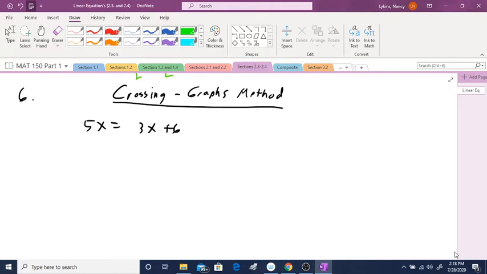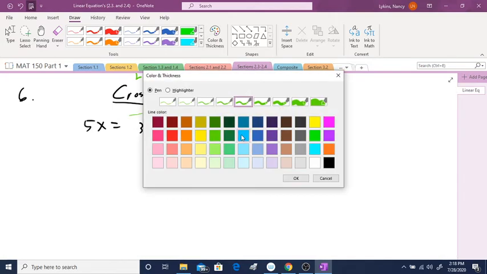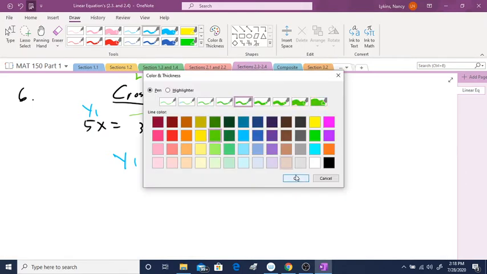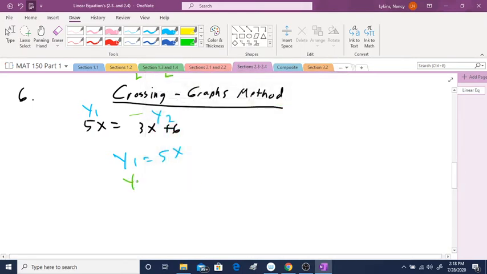Now, what I want to do is I'm going to put the left side, I'm going to say it's y1, the right side y2. So that means y1 equals 5x, and y2 equals 3x plus 6.